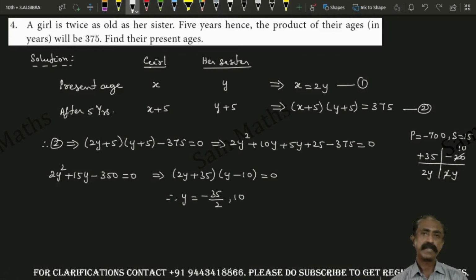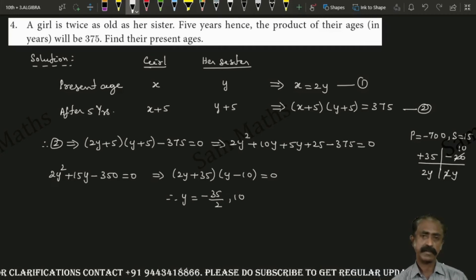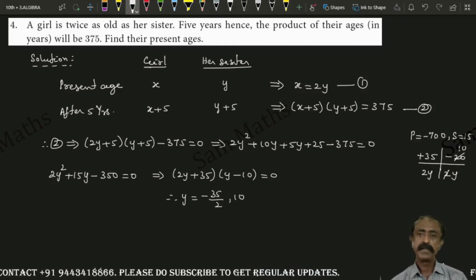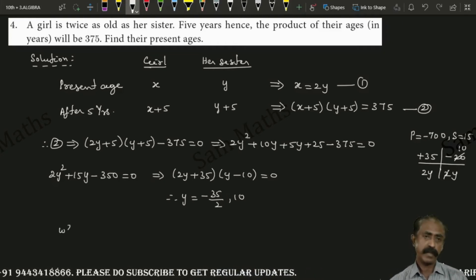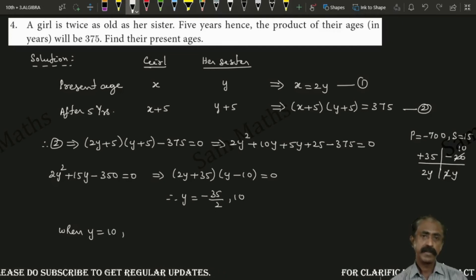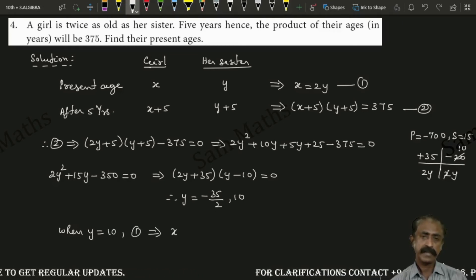y is the age of the sister, her sister. Therefore, it becomes only positive when y is equal to 10, which implies x is equal to 20.